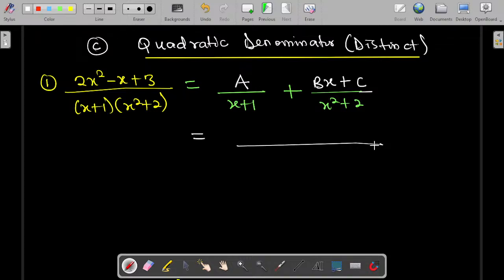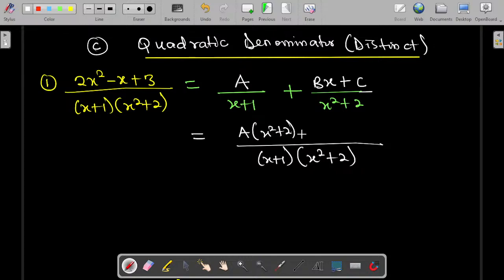So we still look for the LCM here, which is still the same denominator, x plus 1 into x squared plus 2. Okay, so let's start our division. x plus 1 will divide, so you have a multiplying the other one, which is x squared plus 2.